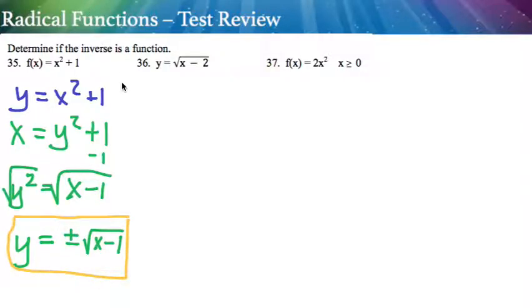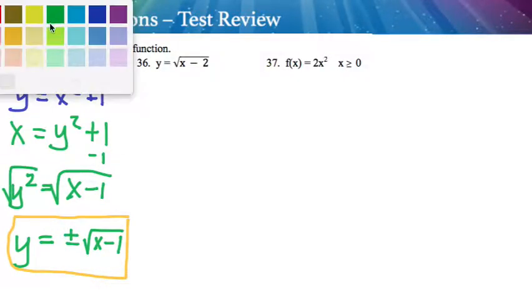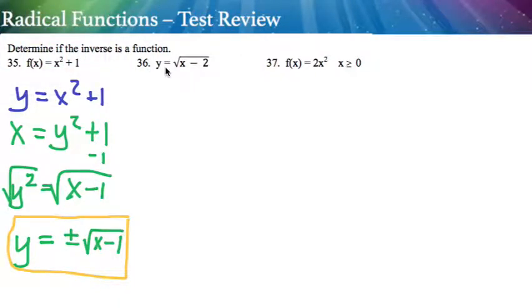Okay, let's try number 36. So my equation is y equals square root of x minus 2, and I'm going to change the x and the y here. Okay, so remember this is a square root function, so this looks something like this.